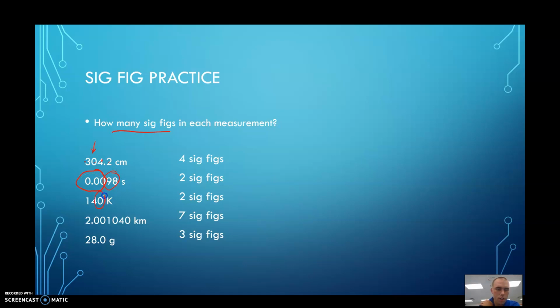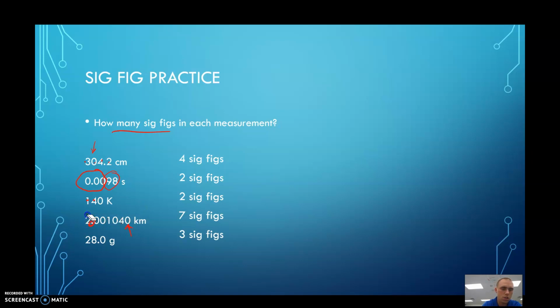This 0 right here is a trailing 0. Trailing zeros only count if there's a decimal. There's no decimal in this number. So my only 2 significant figures are those. For this one, I've got sandwich zeros, sandwich 0. This is a trailing 0, and it will count because there's a decimal in the number.